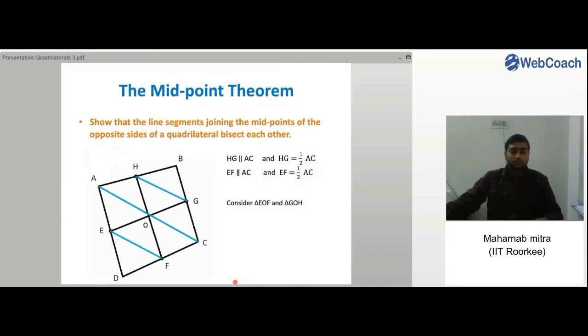So let us consider the two triangles, triangle EOF, which is this one, and triangle GOH, which is this one. Let us consider these two triangles.